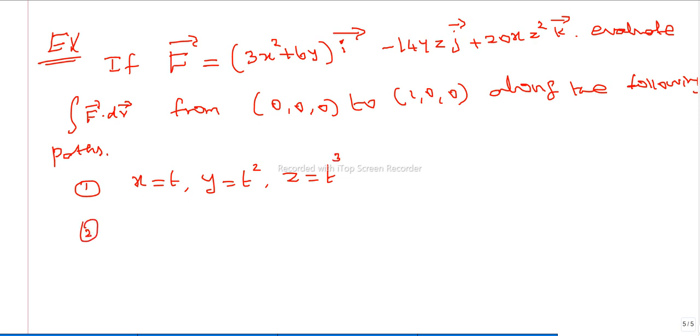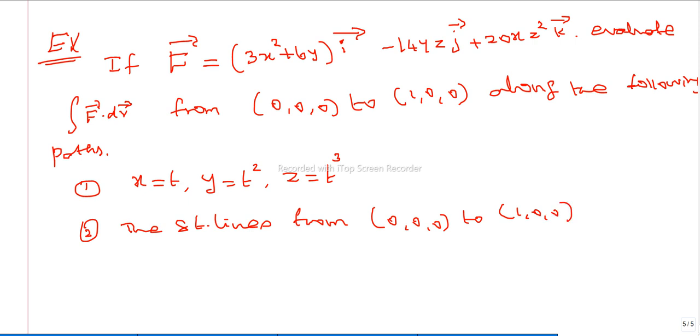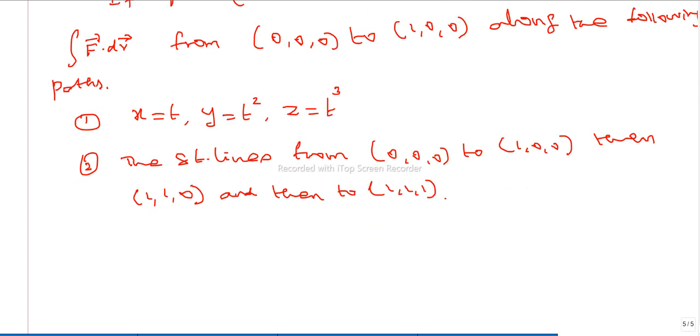Second, the straight line from 0, 0, 0 to 1, 0, 0. So we can directly reach the point via a straight line. Then take the point 1, 1, 0 and then 1, 1, 1. What is the integral via straight lines?